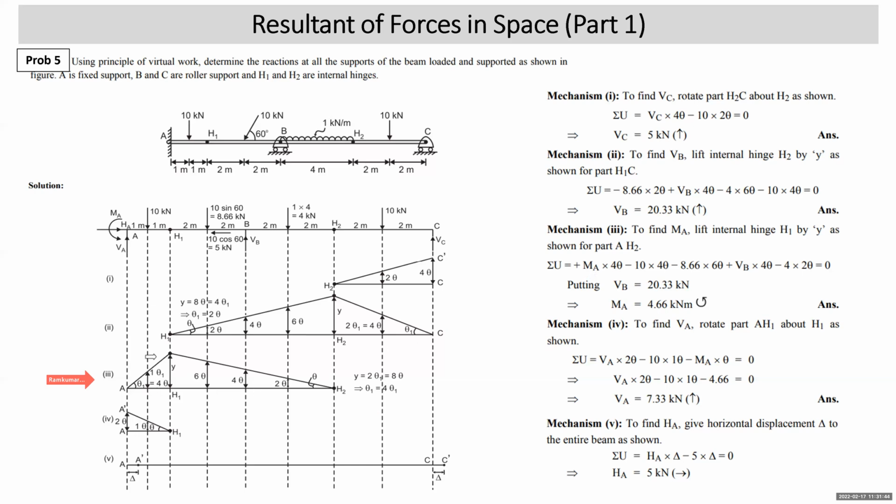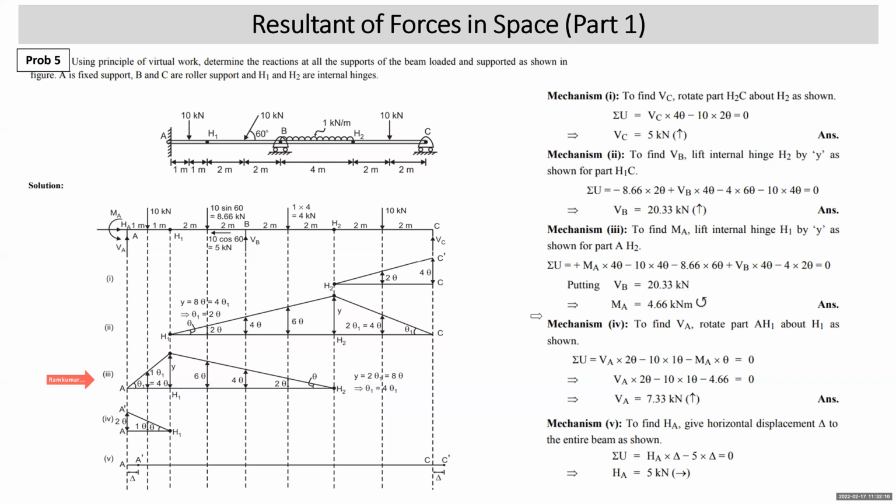Minus 10 into theta 1, so this is also equal to 4 theta. Then 8.6 will do negative work, minus 8.6 into 6 theta. VB into 4 theta will be positive work, minus 4 into 2 theta. And that's it. Here VB value is substituted as 20.33. MA is obtained as 4.66 kilonewton meter.